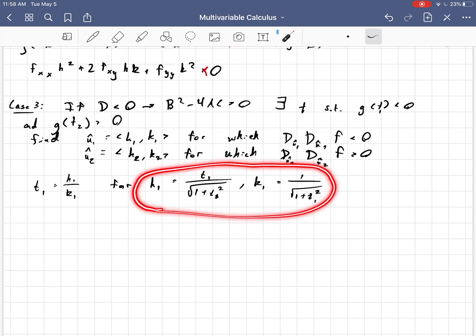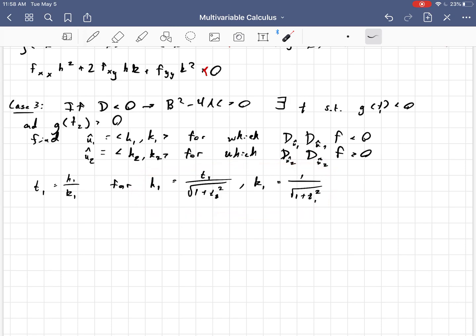And these two things right here, this h sub 1 and the k sub 1, just make sure that our unit vector is actually a unit vector, right?